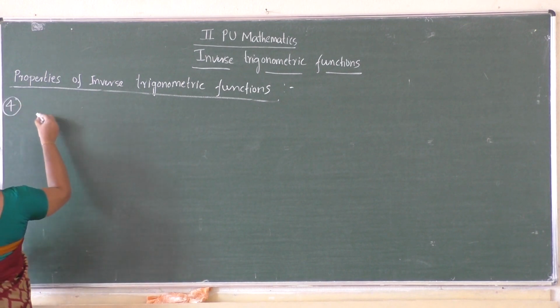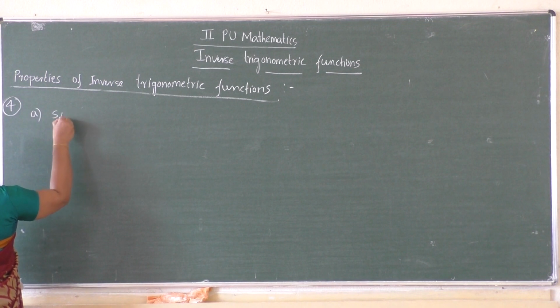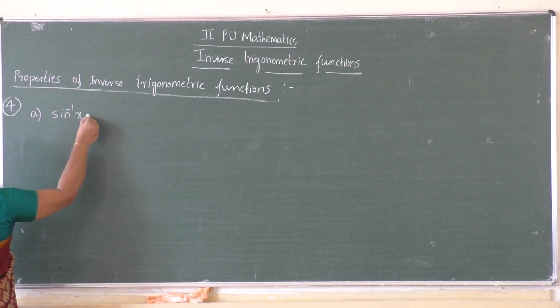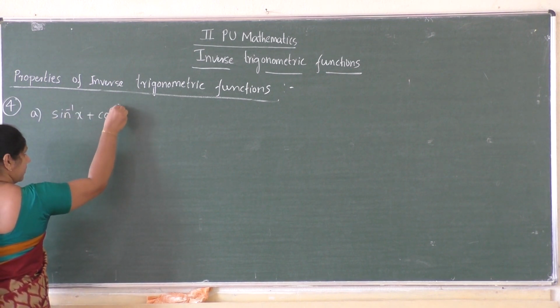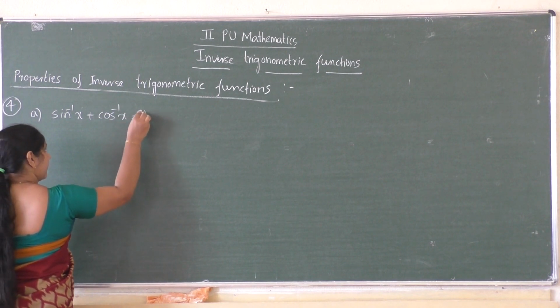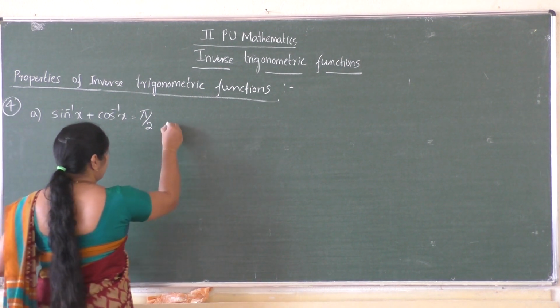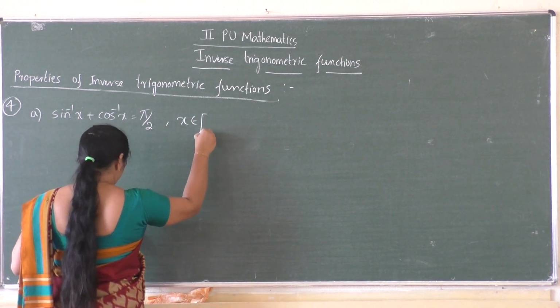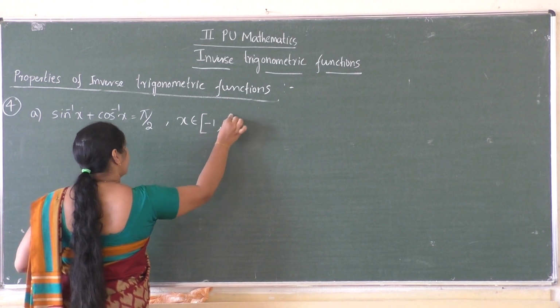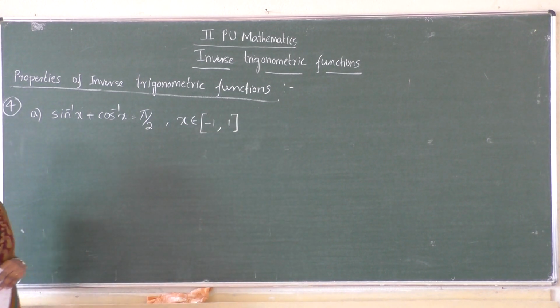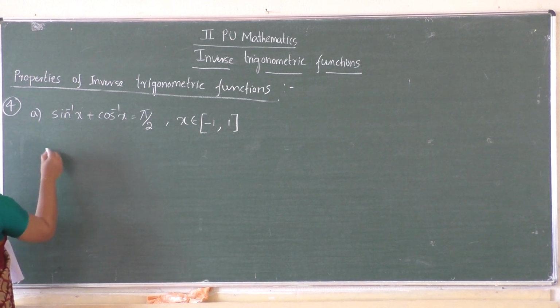Now property 4, first one, sin inverse x plus cos inverse x equal to pi by 2, where x belongs to closed interval -1 to 1.